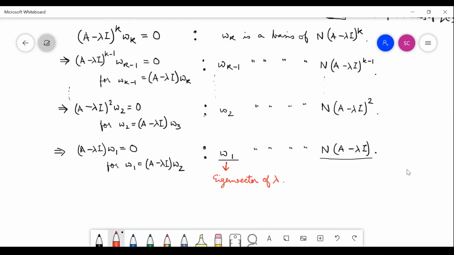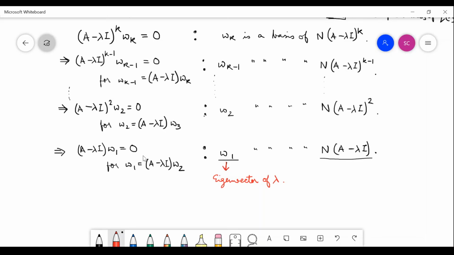If you had started from finding the eigenvector of lambda, you may have come to omega 1, but you could not stretch beyond omega 1. You could not go backwards like this, right? Because I was only interested in finding the eigenvector of lambda.